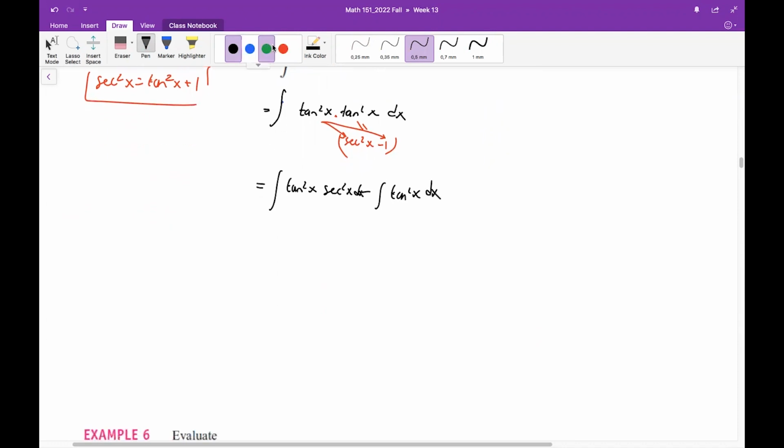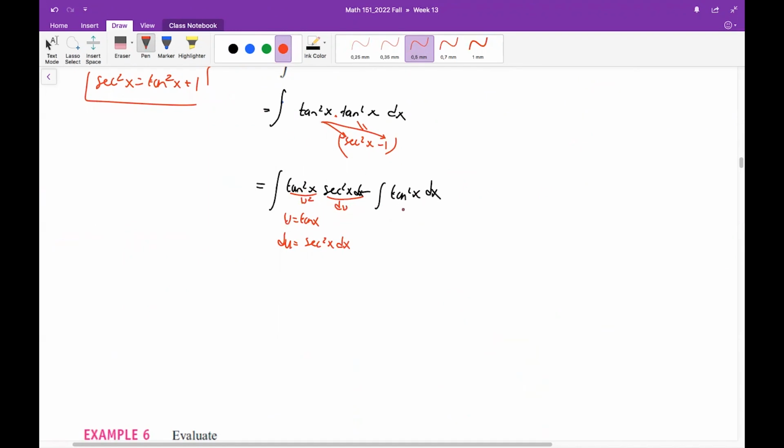So here you can use a substitution. If you choose tangent x as u, what is du? Du is exactly what you saw here, right? That's why this part can be handled by using the simple substitution.